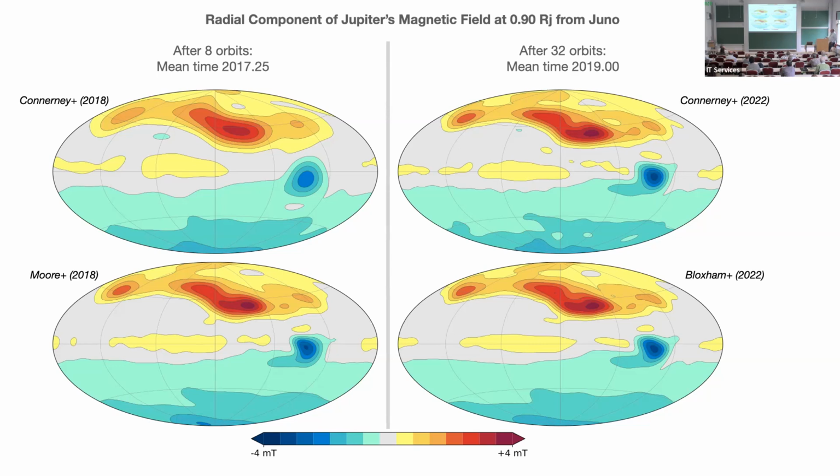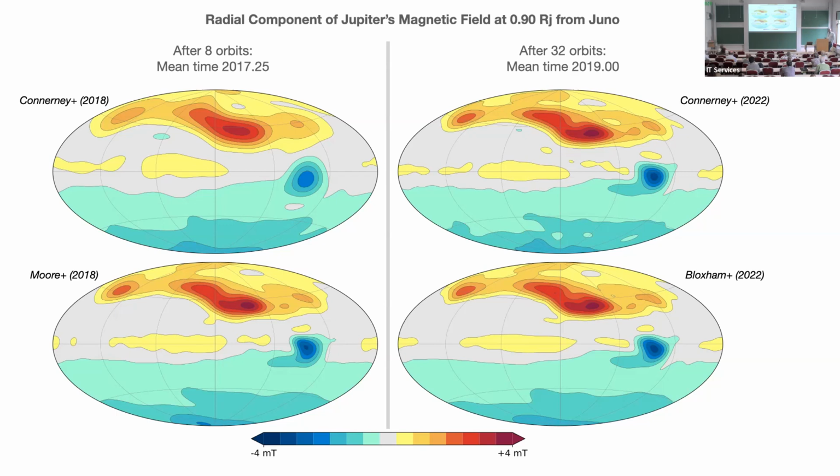But after 32 orbits, a mean time of 2019, 2 more models, again, very little has changed in terms of the distribution of flux on the surface, or at 0.9 RJ on this planet.